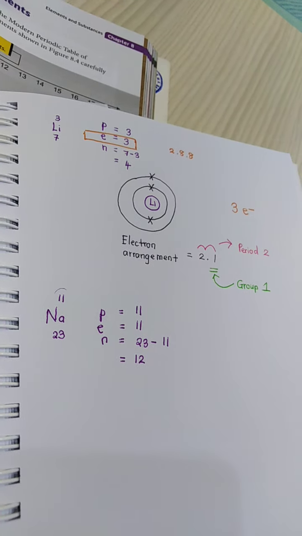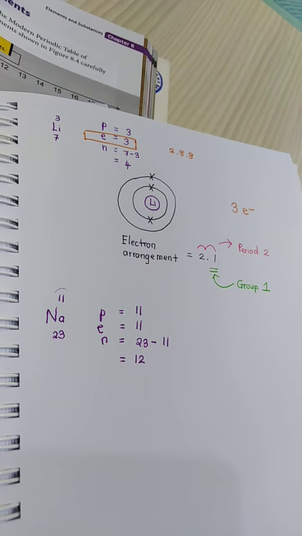So, to draw the atomic structure, first I draw the symbol Na with the nucleus. Now, let us find the number of electrons, 11, by obeying the formula 2.8.8.